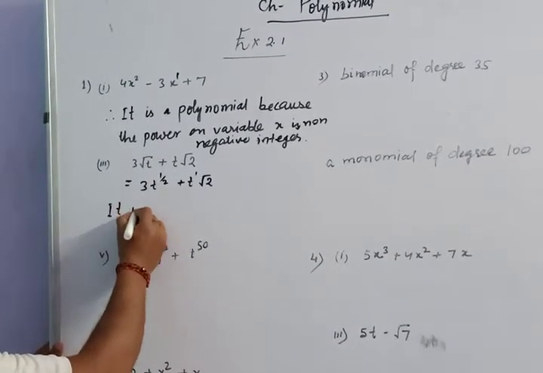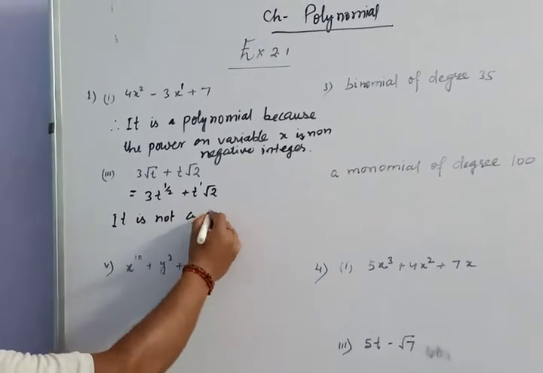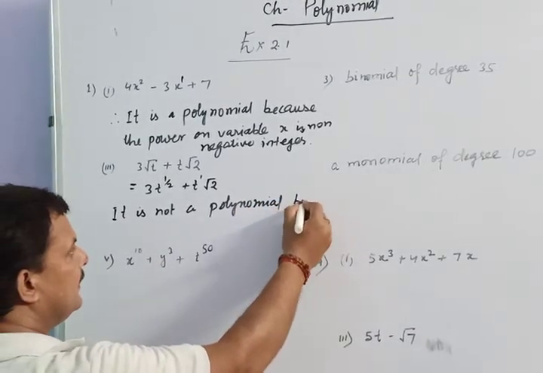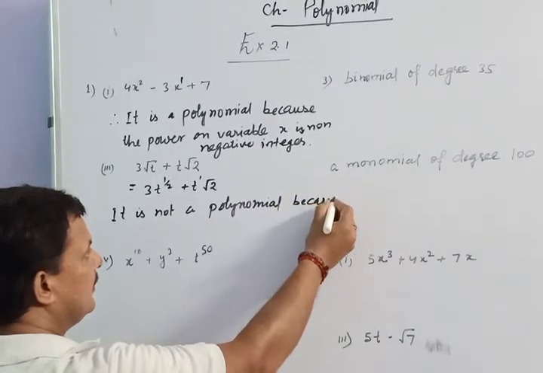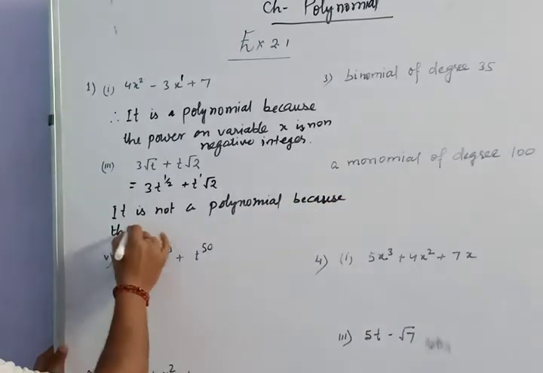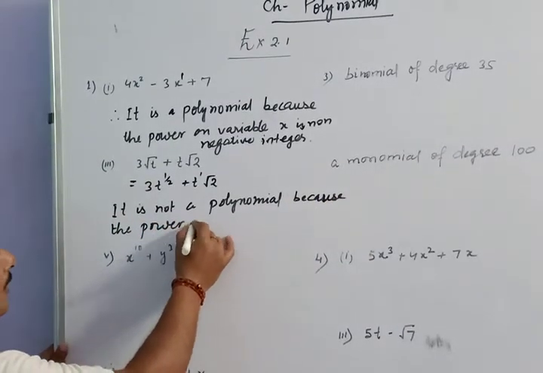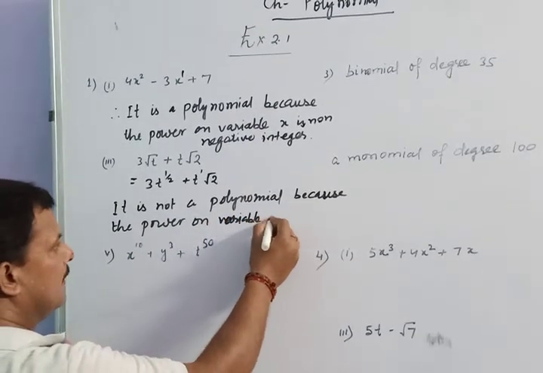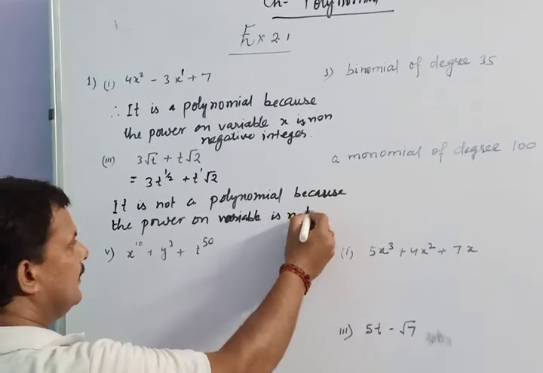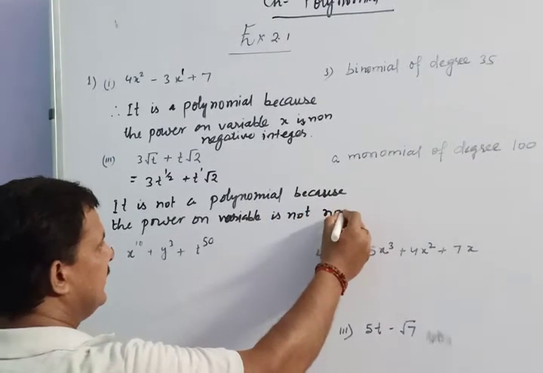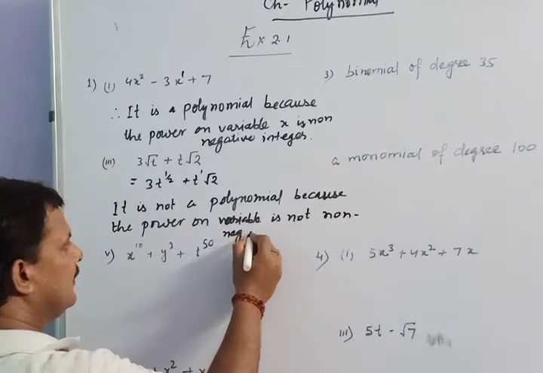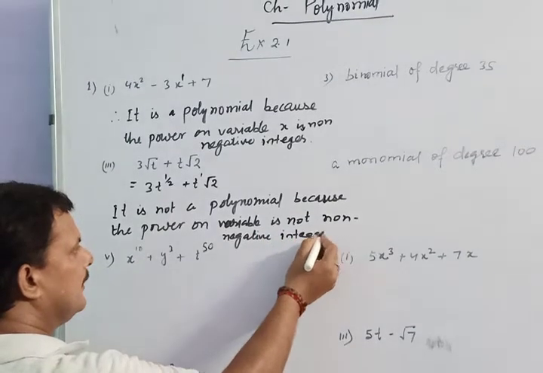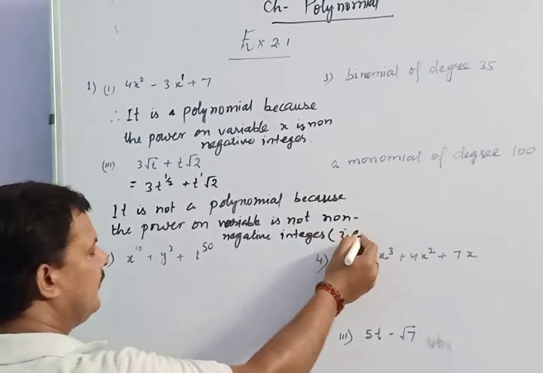It is not a polynomial because the power on the variable is not a non-negative integer. That is a fraction.